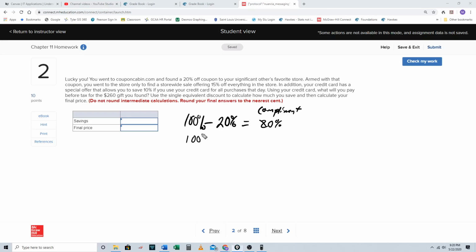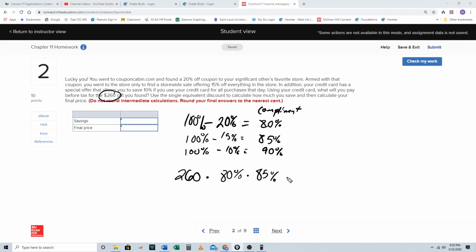And then we have 100% minus 15% gives you 85%, and then 100% minus 10% is 90%. So we're going to take all the complements and we're going to take the final price, 260 times 80% times 85% times 90%, and that's going to give us our final price.